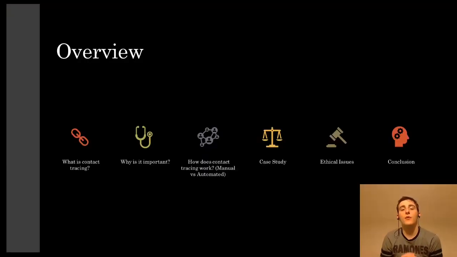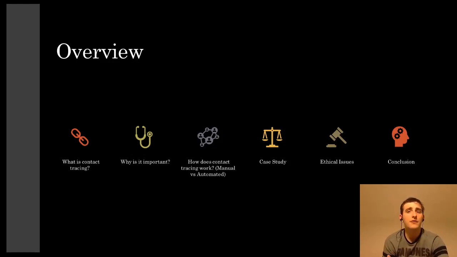So what are we going to talk about today? Well, first we'll talk about what contact tracing is, and then we'll talk about why it's important. There are lots of reasons that it's important, but we'll get into those reasons. And then we'll give you an example of how contact tracing works, both manual and automated contact tracing.